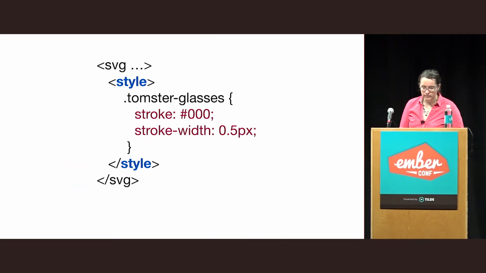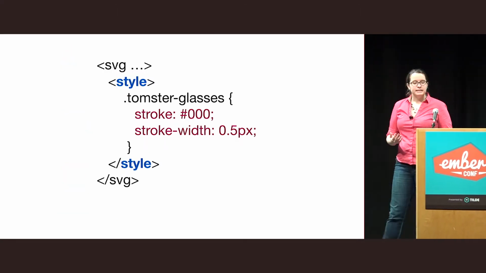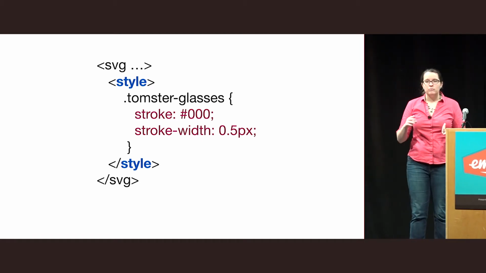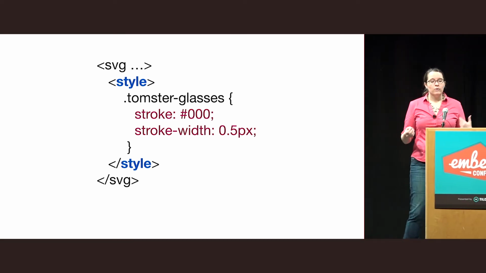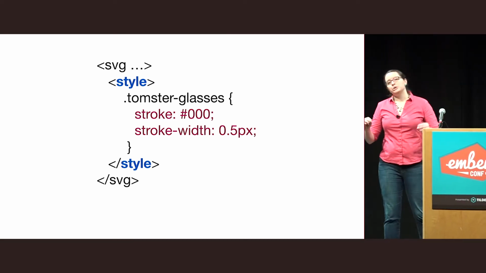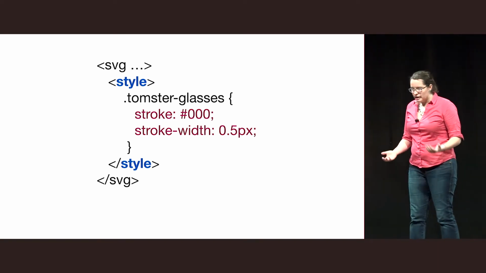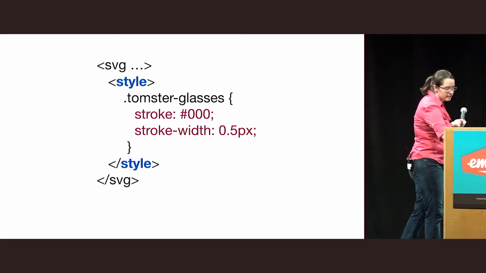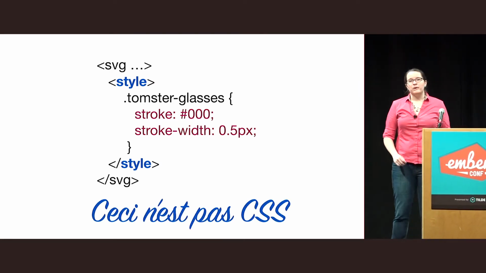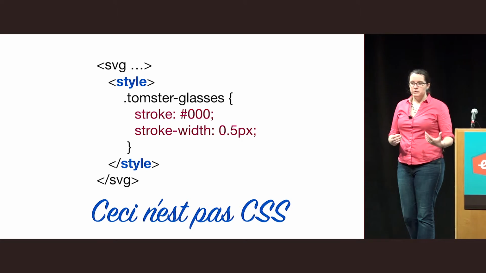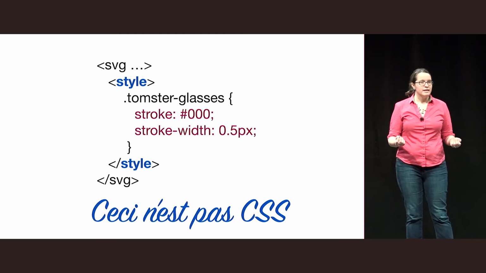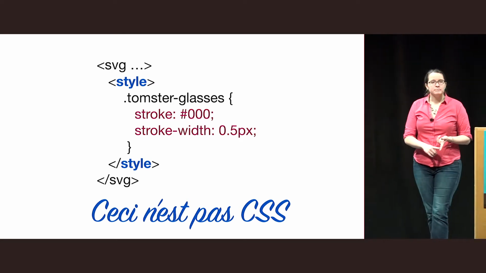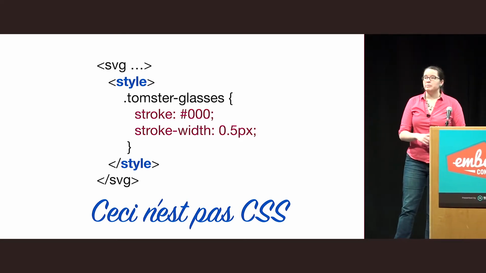SVG elements can be styled with CSS, whether embedded styling, like in this example, inline, or external. But you should know that a few things work a little bit differently. For example, some style attributes that you know off the top of your head aren't going to work for SVGs. Background color becomes fill. Outlines become stroke.